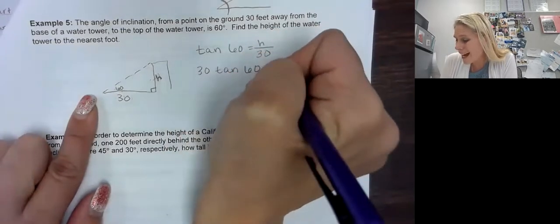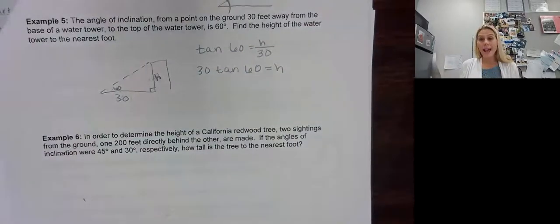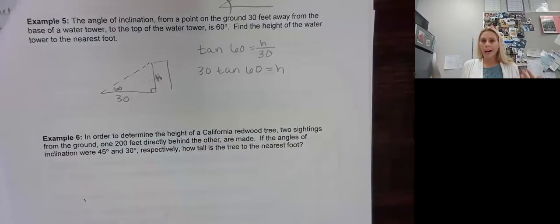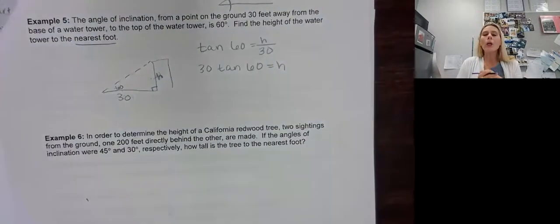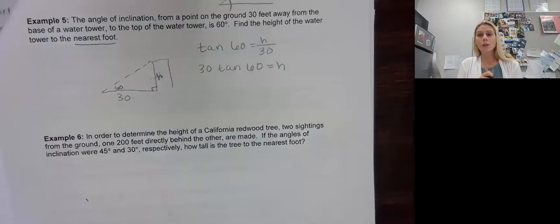Again, we do not need our calculator technically, but if it wants it to the nearest foot, we are going to have our calculator so that way we can round it in the right direction. For those of you who are coming right from 1050, some of you made the mistake in the past that you would have the correct answer, but you didn't read the question all the way because it wanted you to round it.